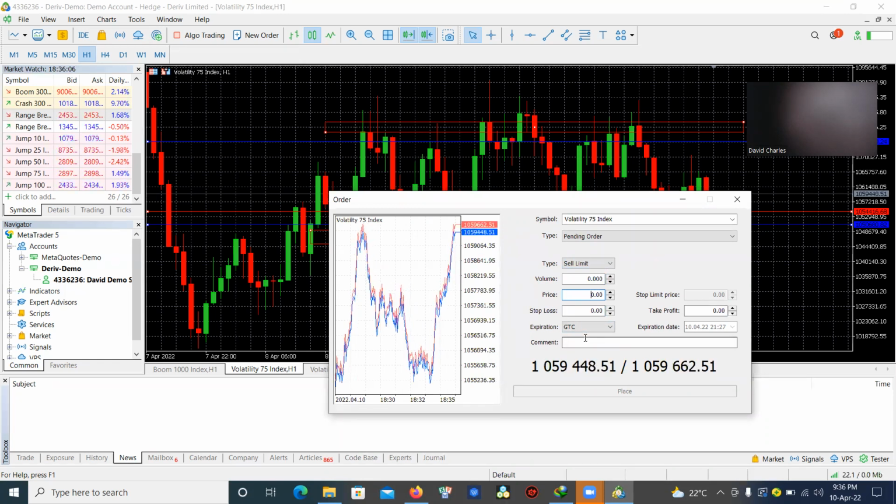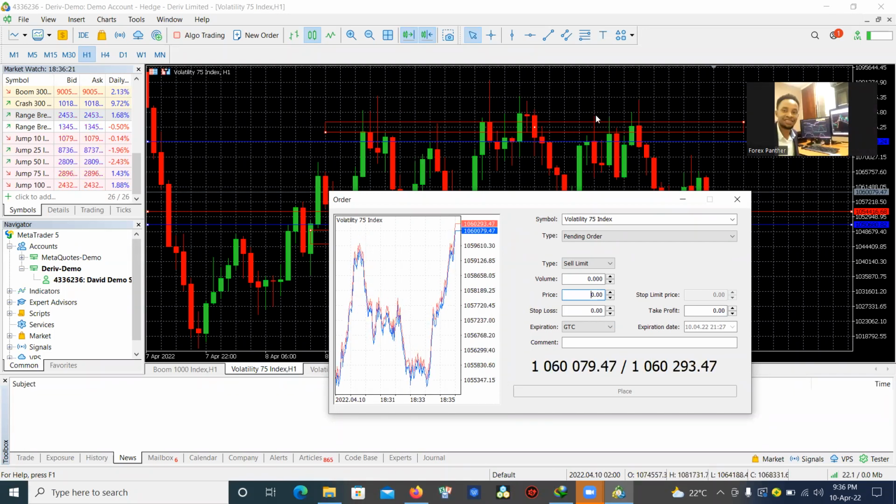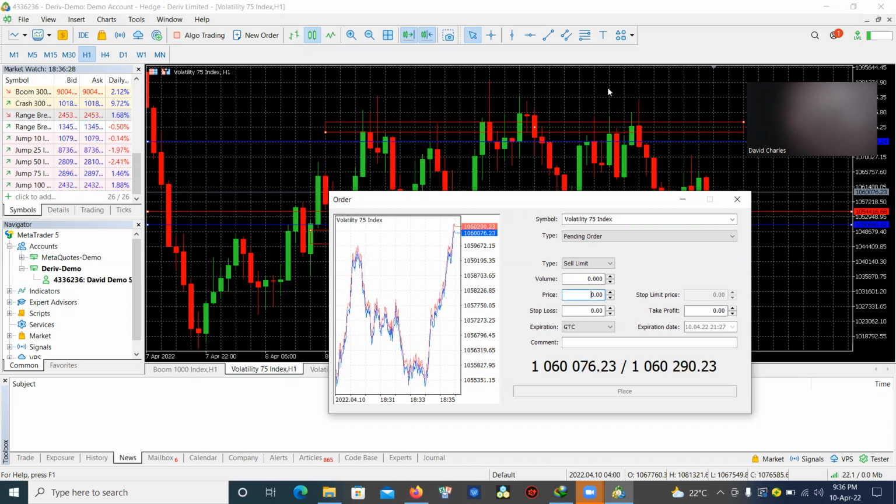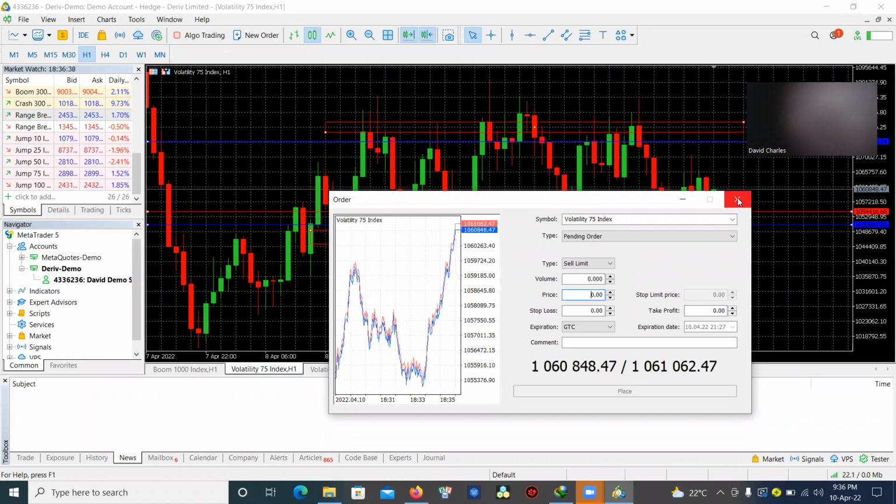It is very important because you might ignore it in a rush to place this, and then you can put a level where it will end up shooting up before it completely shoots down. It will blow your account. So you need to be able to put your stop loss and your lot size. It's very important.